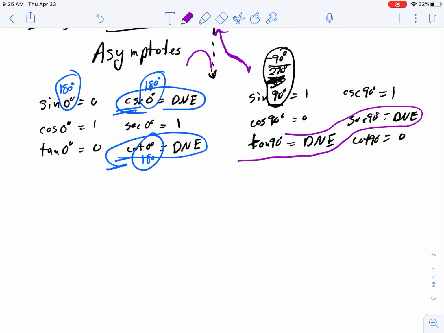So where are my asymptotes? So if I'm graphing out tangent, I'm going to have an asymptote at 90, negative 90, and 180. Like that. And likewise, the same thing for cosecant.